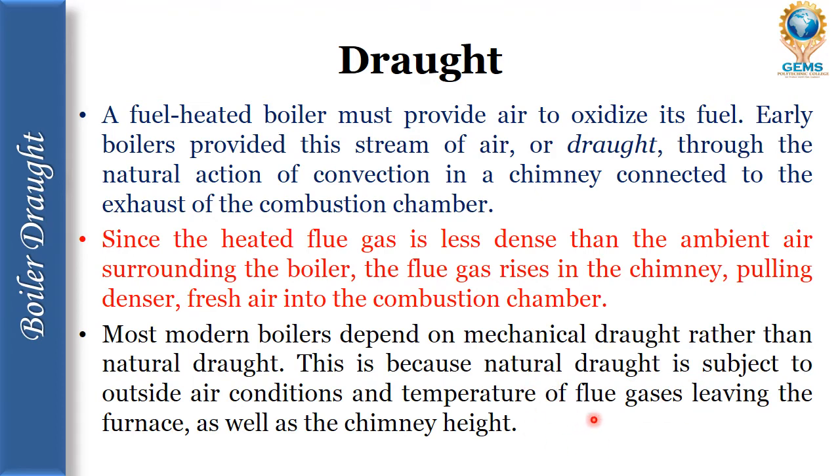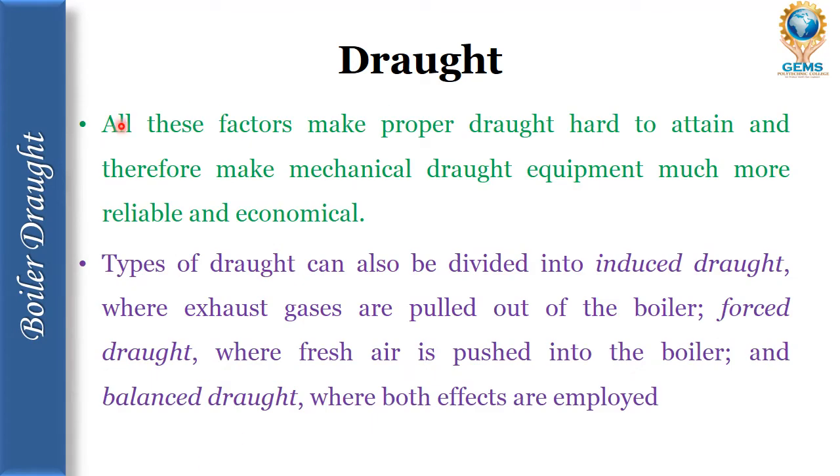All these factors make proper draft hard to attain and therefore make mechanical draft equipment much more reliable and economical. Types of draft can also be divided into induced draft, where exhaust gases are pulled out of the boiler, forced draft, where fresh air is pushed into the boiler, and balanced draft, where both effects are employed.